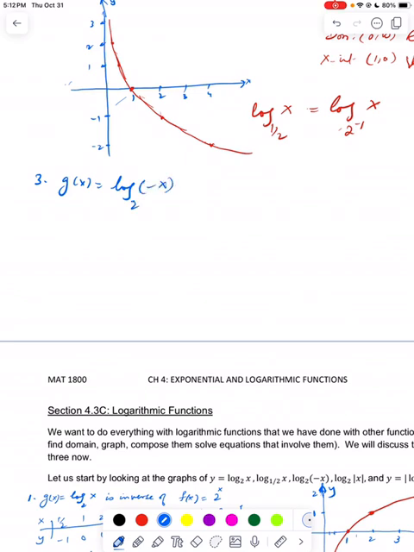But one thing you might consider, what do you think it will be? If you recall from the transformation, this is actually a flip over the y-axis, and that's what we expect to get. And if it's negative x, it means we have to take only the negative values for x. We cannot take any positive value, because a positive value will make it negative, and we cannot take the log of negative numbers.